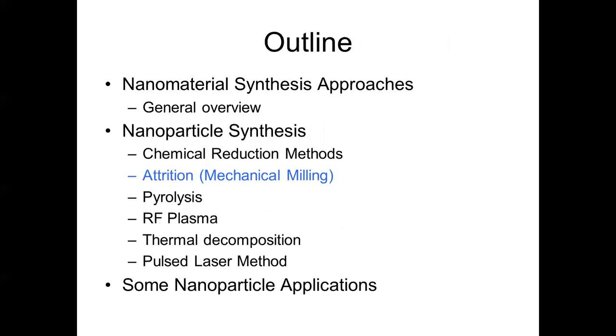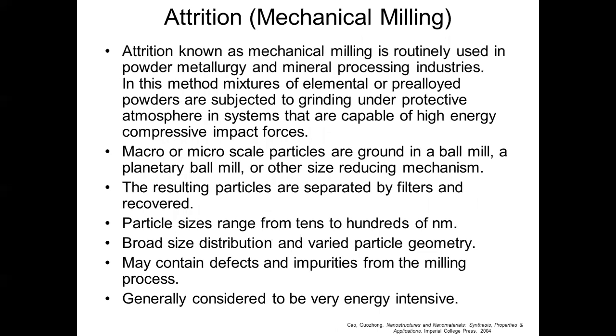So let's take another look at another method that's popular, and it's attrition, and we would also call this mechanical milling of materials. So attrition, known as mechanical milling, is routinely used in powder metallurgy and mineral processing industries.